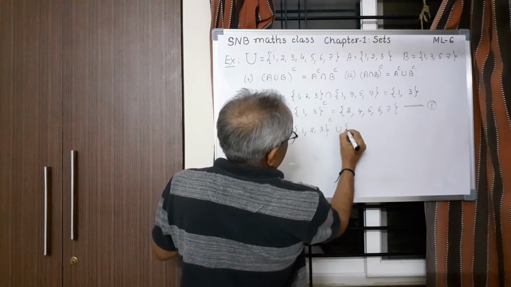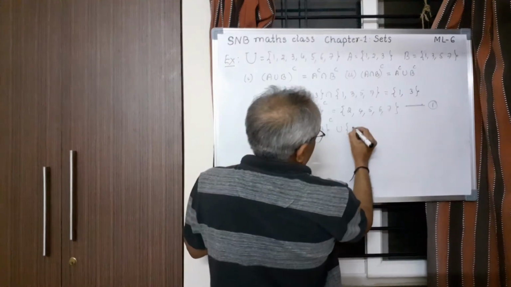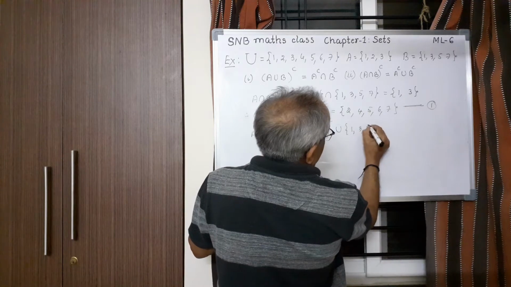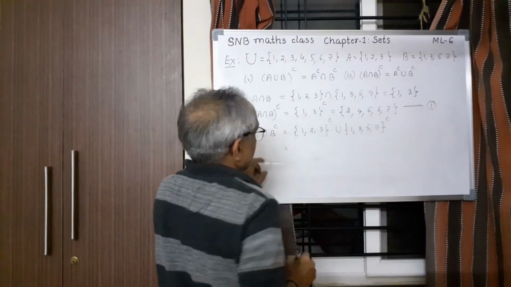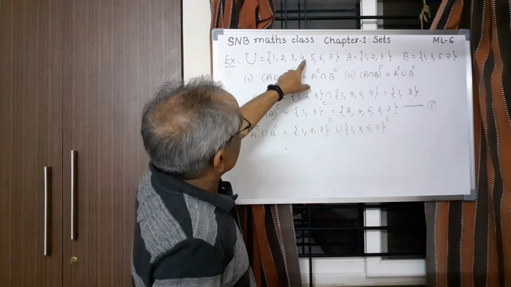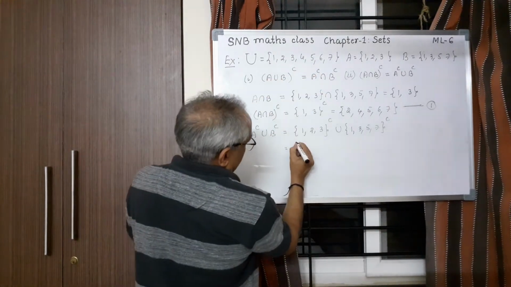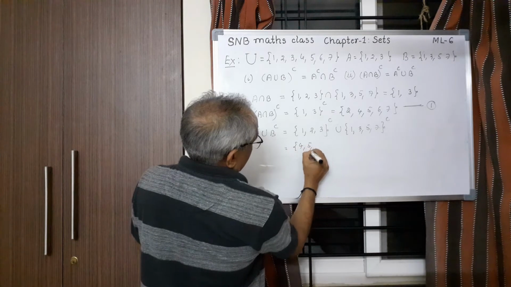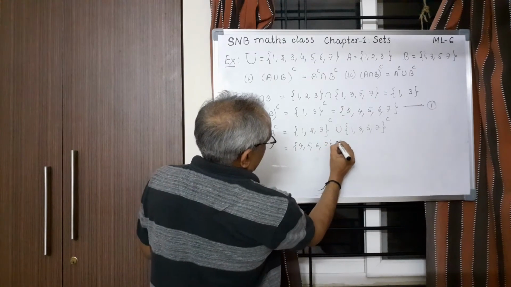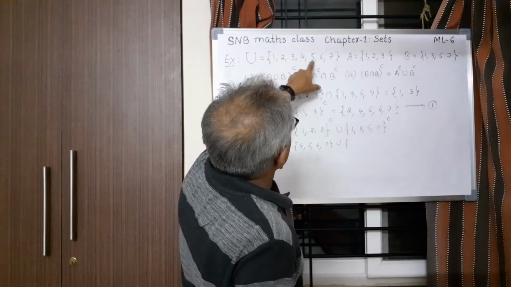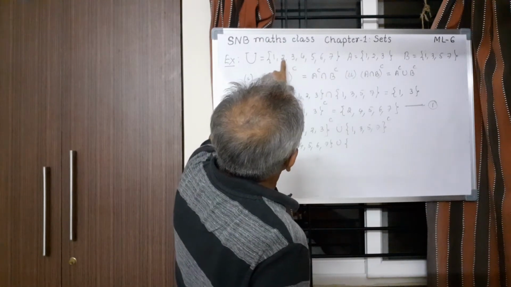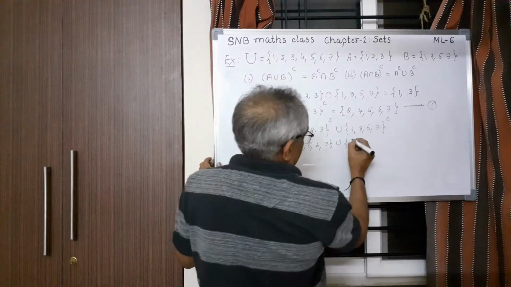Then union B is 1, 3, 5, 7, its complement. Now 1, 2, 3 I have to exclude. 4, 5, 6, 7 I have to write here. So it is 4, 5, 6, 7 union. 1, 3, 5, 7 I have to exclude. That means the even numbers I have to take: 2, 4, 6 I have to write here.